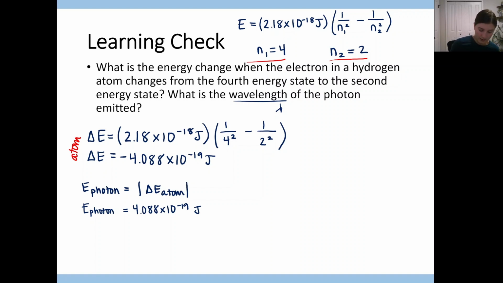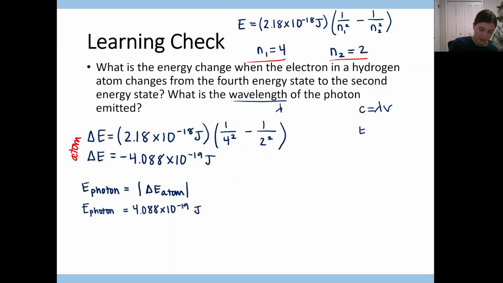But we are looking for wavelength. So our equation that involves wavelength, I'm going to write these over in the right corner. We have the speed of light is equal to wavelength times frequency. But we don't have frequency yet, so we can't use this equation at the moment.